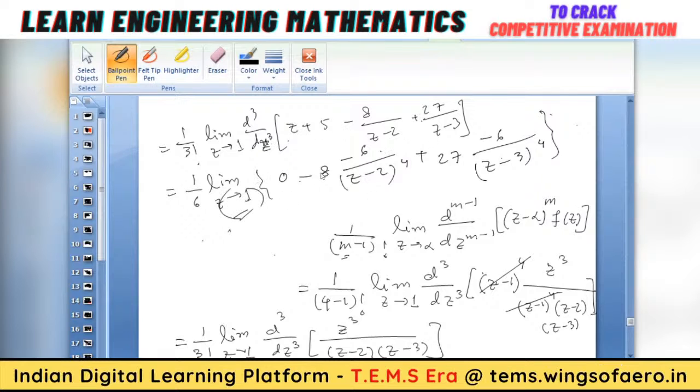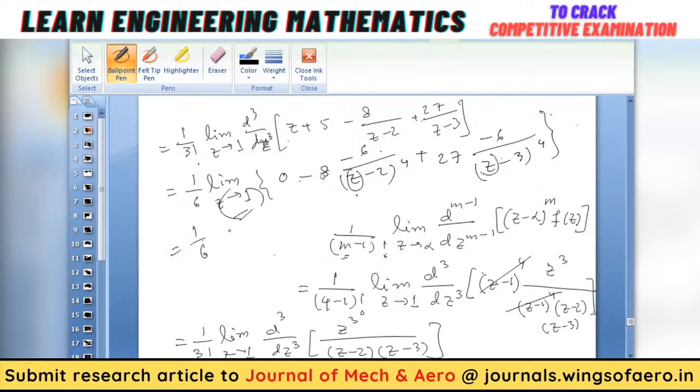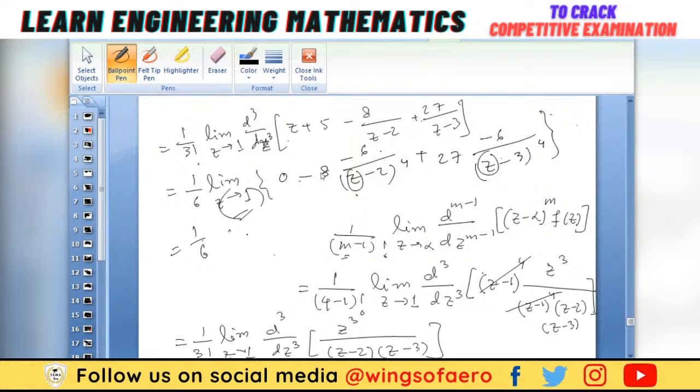Put z equal to 1, the limiting value of z, and here also put z equal to 1. So 1 by 6, put it and you will get the answer.